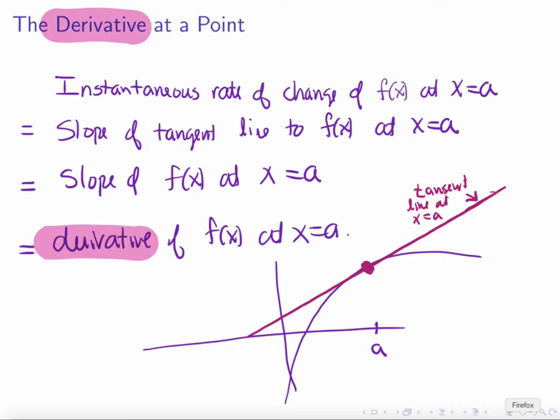So in the previous video, when we were calculating the instantaneous rate of change of f of x equals x squared at x equals 3, we were really calculating the derivative of f of x equals x squared at x equals 3. Derivative just means slope, which means instantaneous rate of change.